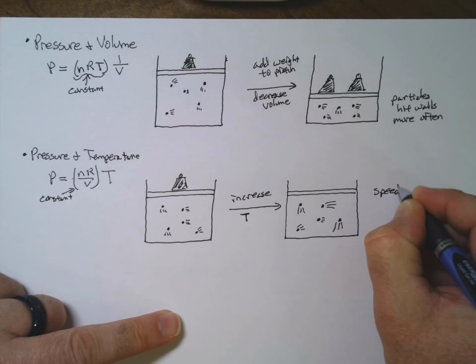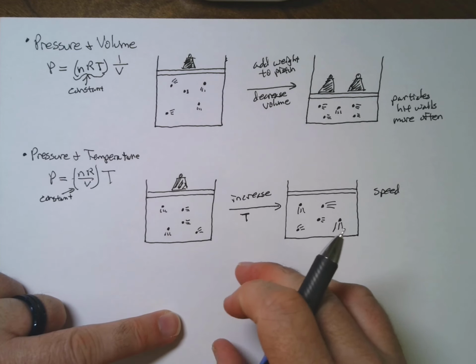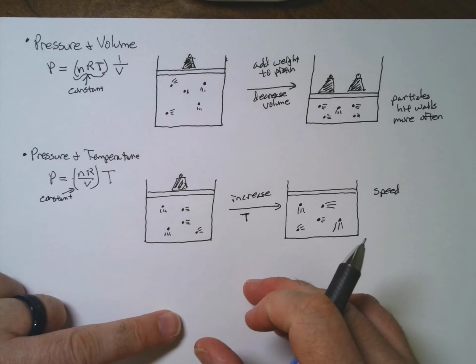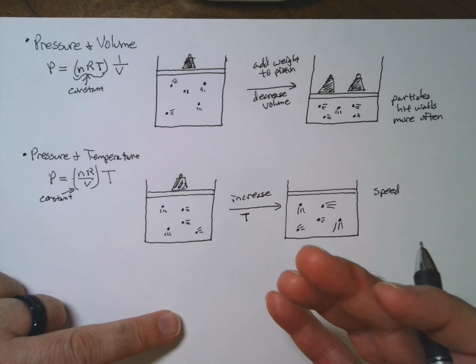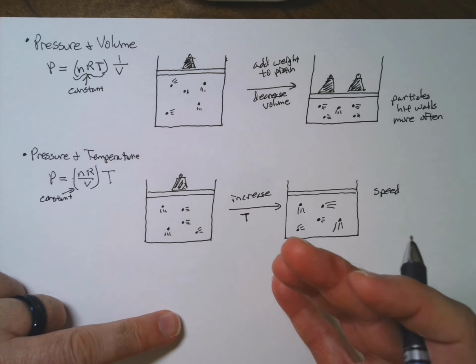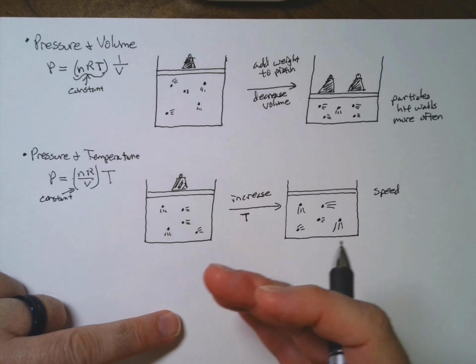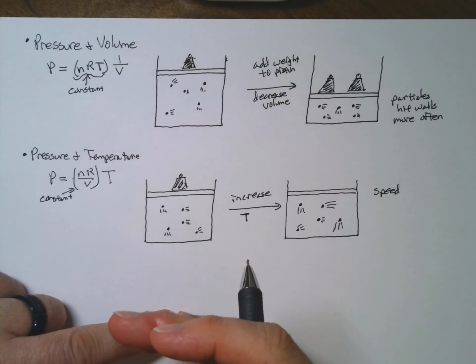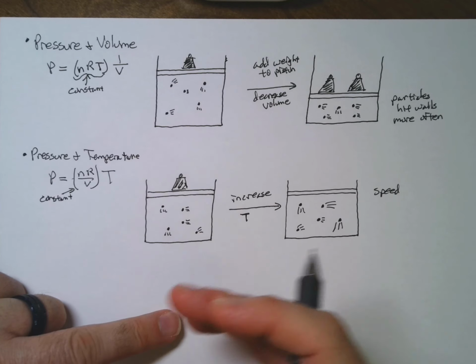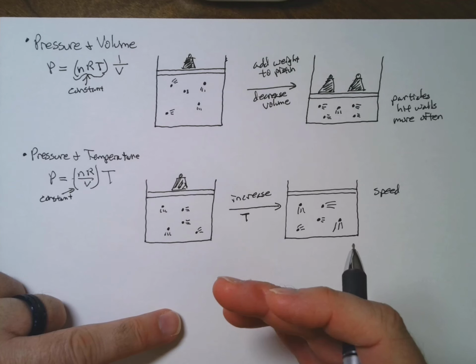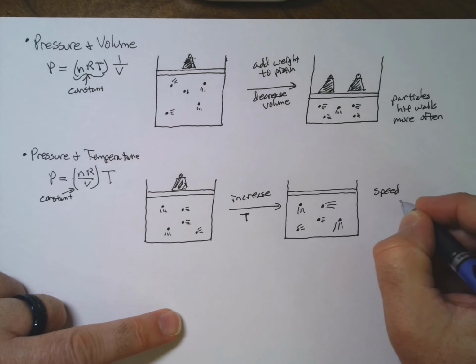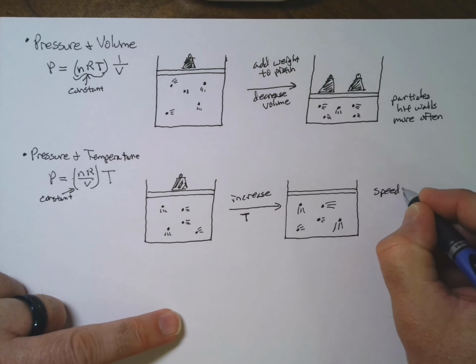Remember, temperature is proportional to the average kinetic energy of the particles. We're not increasing the mass of the gas particles, but by increasing the temperature, we increase the average kinetic energy, so we have to increase their speed. So the speed of the particles increases.